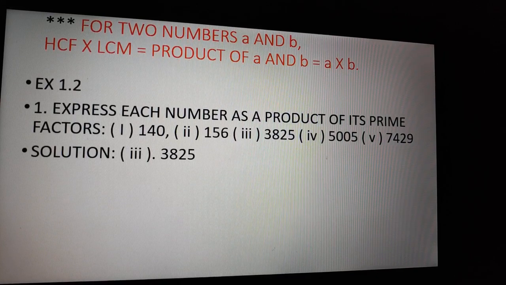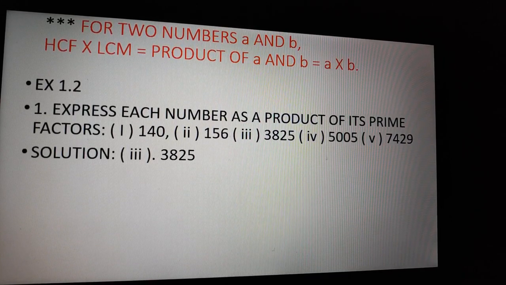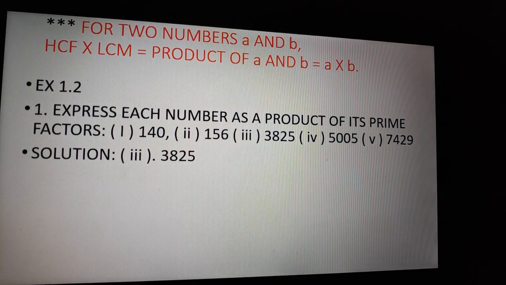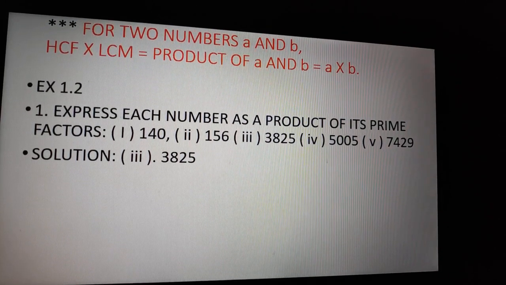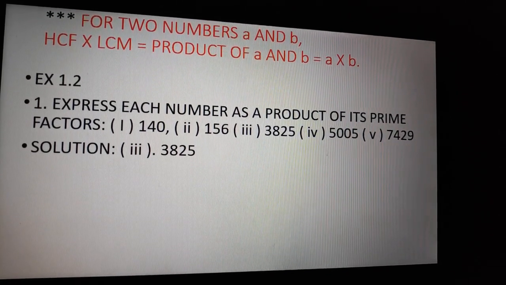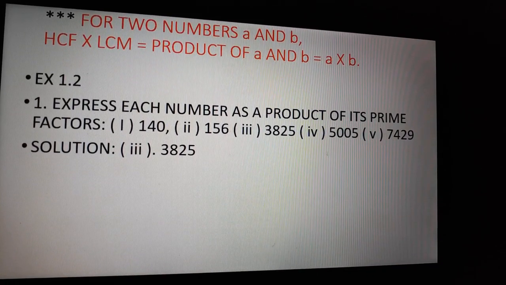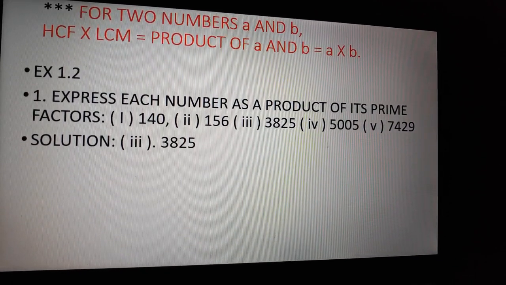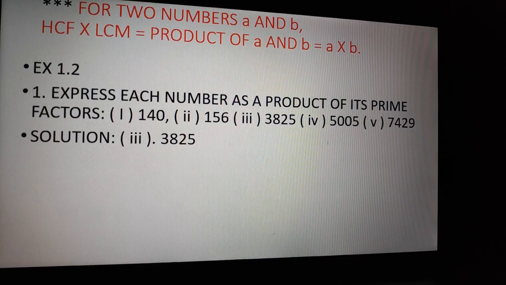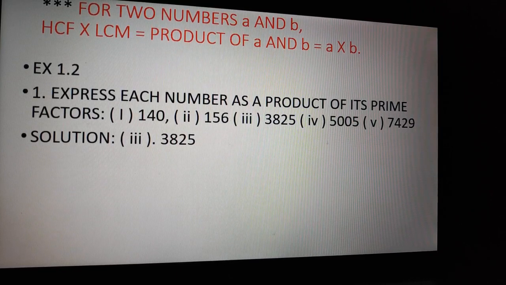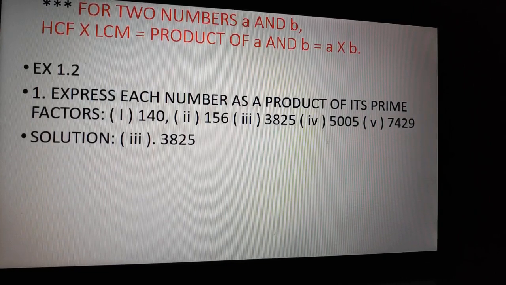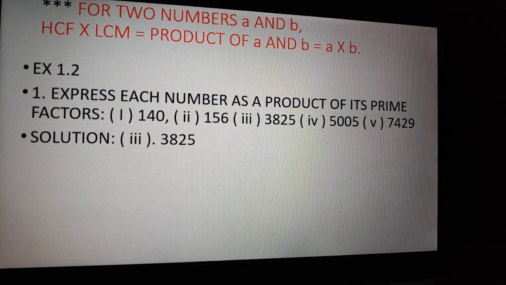Then let us discuss some questions of exercise 1.2. Express each number as a product of its prime factors. It means that you factorize in prime numbers only. Let me leave Roman numbers 1, 2 and 5 for you as homework. Then let us consider Roman number 3.